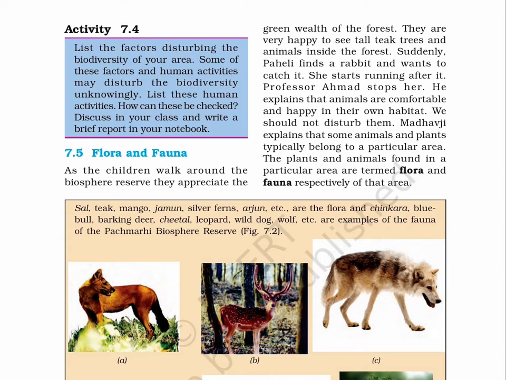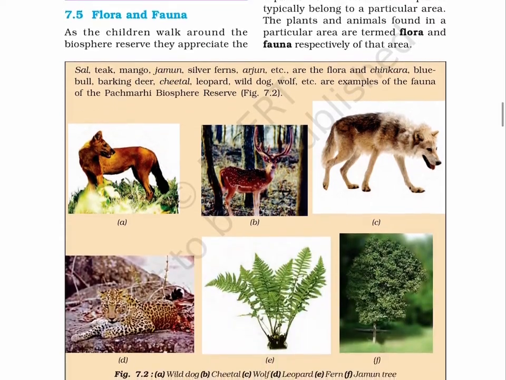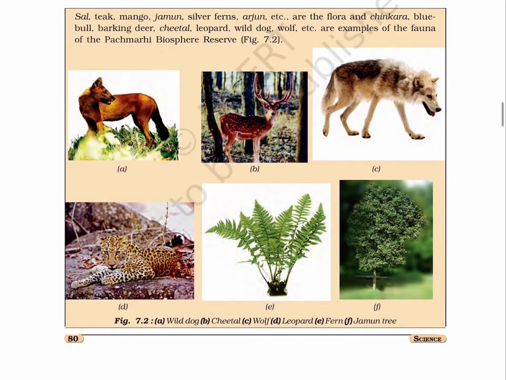Madhavji explains that some animals and plants typically belong to a particular area. The plants and animals found in a particular area are termed flora and fauna respectively of that area. Sal, teak, mango, jamun, silver ferns, arjun, etc. are the flora, and chinkara, blue bull, barking deer, cheetal, leopard, wild dog, wolf, etc. are examples of the fauna of the Pachmarhi Biosphere Reserve, as shown in figure 7.2.